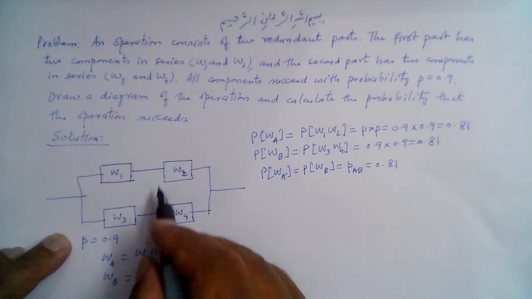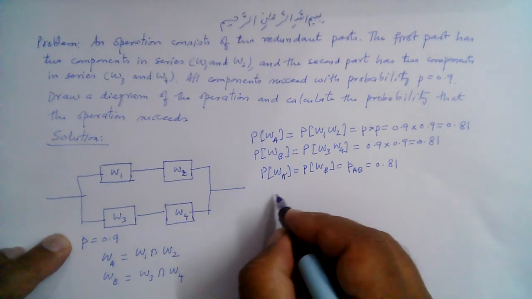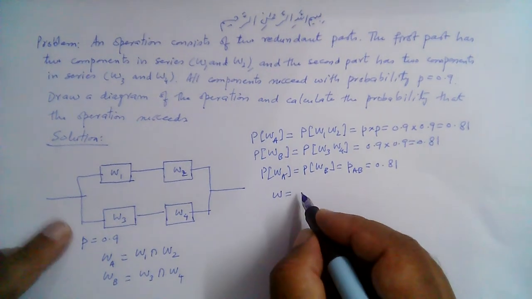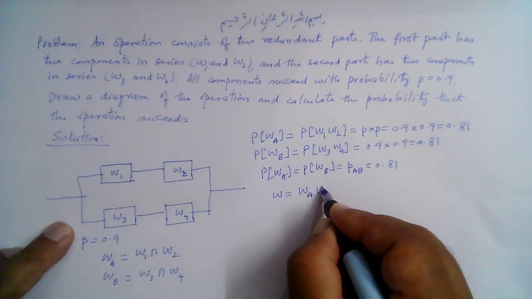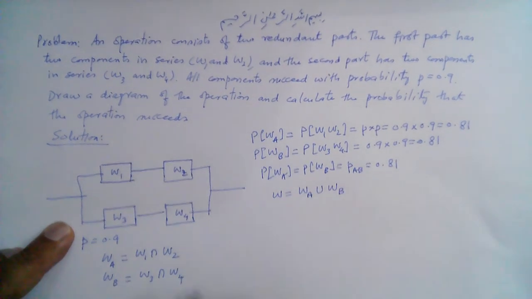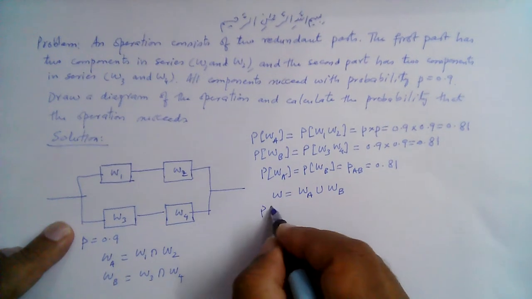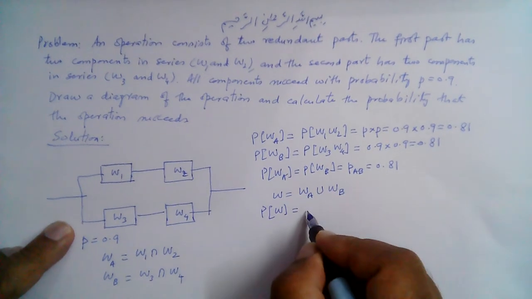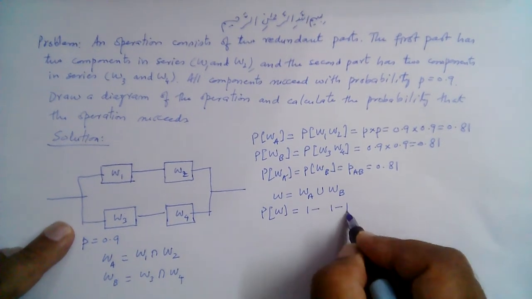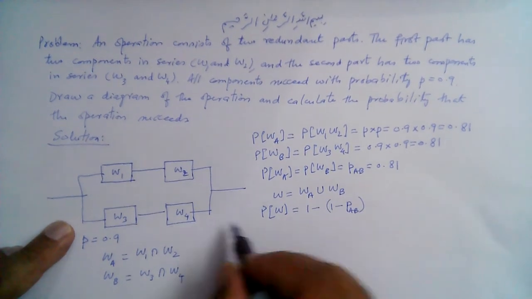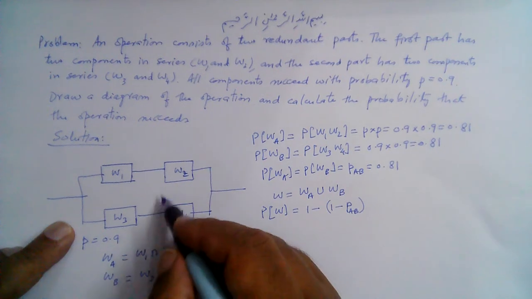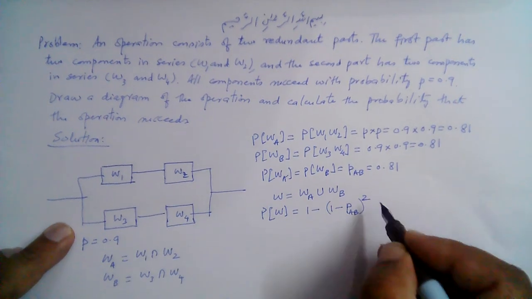Now these two parts are in parallel, so the operation W is equal to WA union WB. So the probability of success of W is equal to 1 minus PAB raised to the power of the number of times the redundancy is there. So this is 2 here.